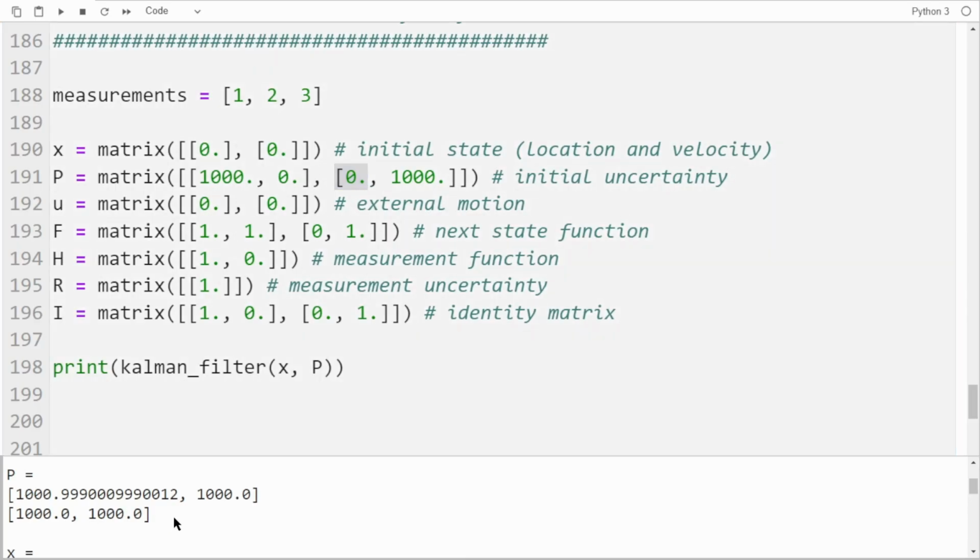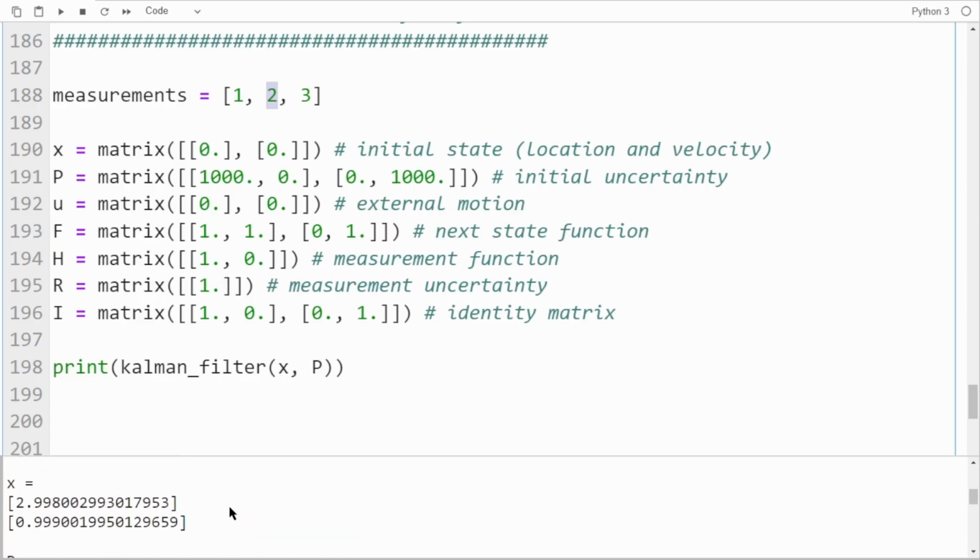And then when I observe again the 2, I want the output to now tell me that my next prediction is 3. It's the observation plus the prediction. But now I have a really good estimate on what the velocity is. It's essentially 1. And the reason is my Kalman filter was able to use the Kalman filter equations to find this value.